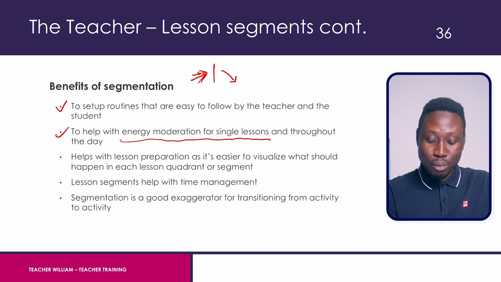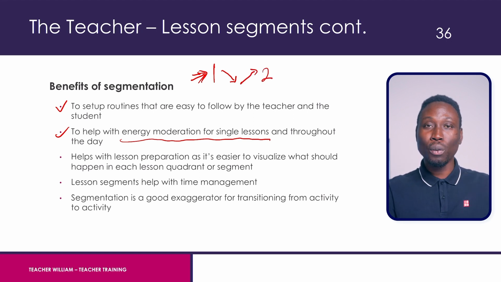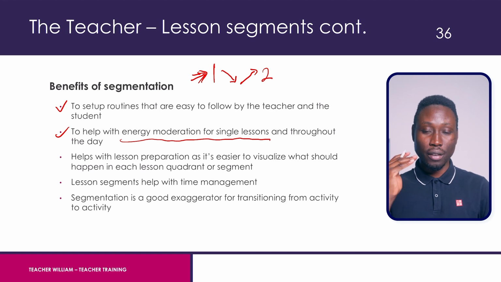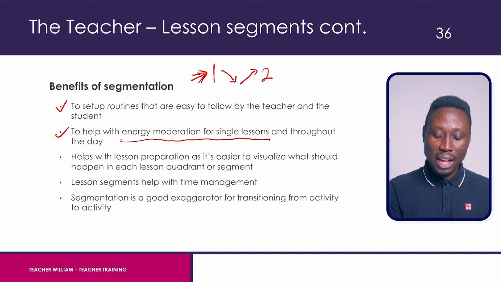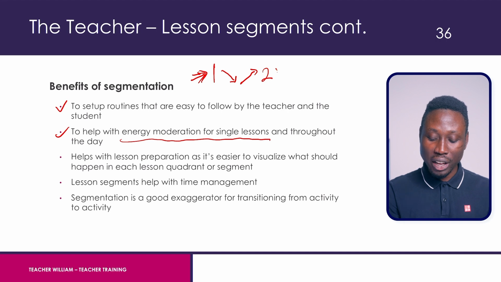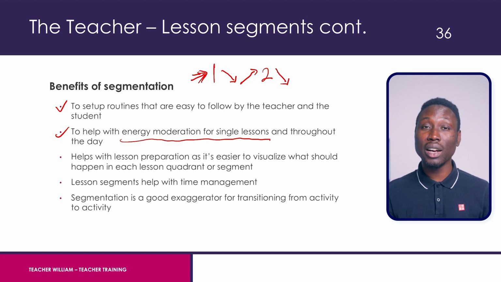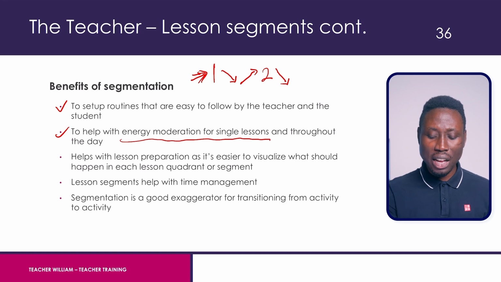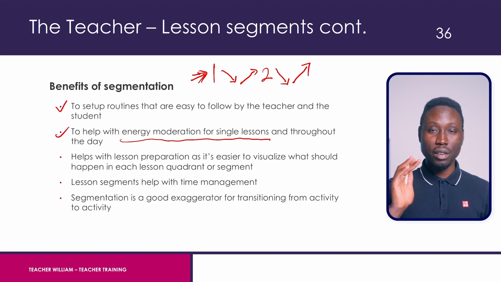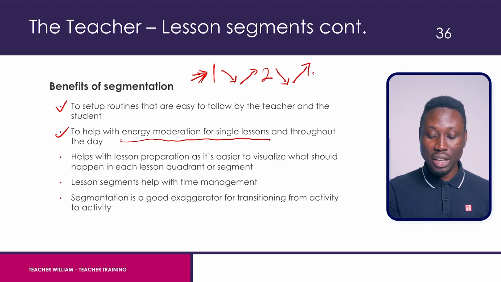When the next segment, number 2, is starting, we take the energy up a notch again. When that is ending, which is our review, we bring the energy down and everybody can relax. There's no pressure. You can let the kids catch their breath. When we are starting our main lesson, we just kick it up again. We start with new energy.